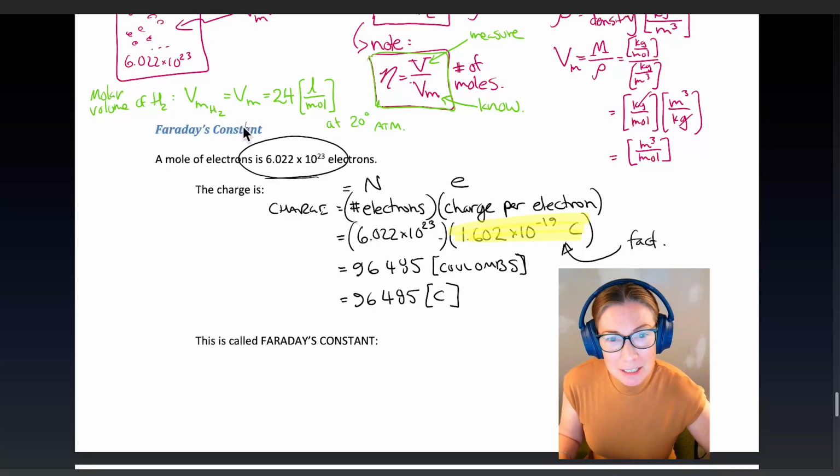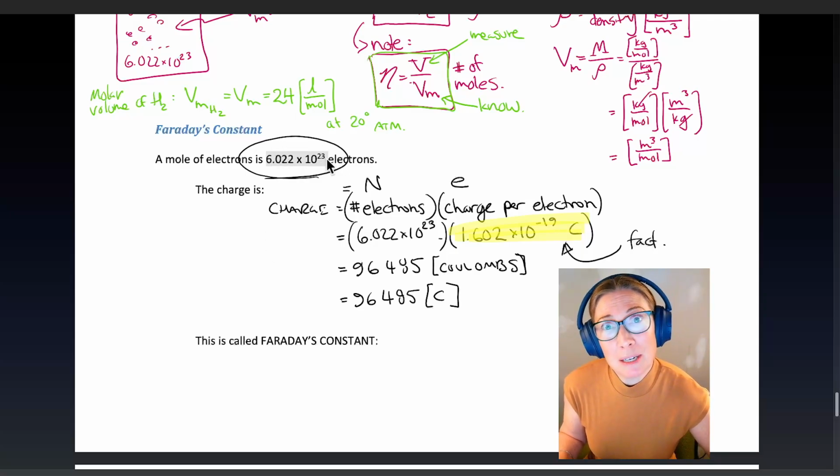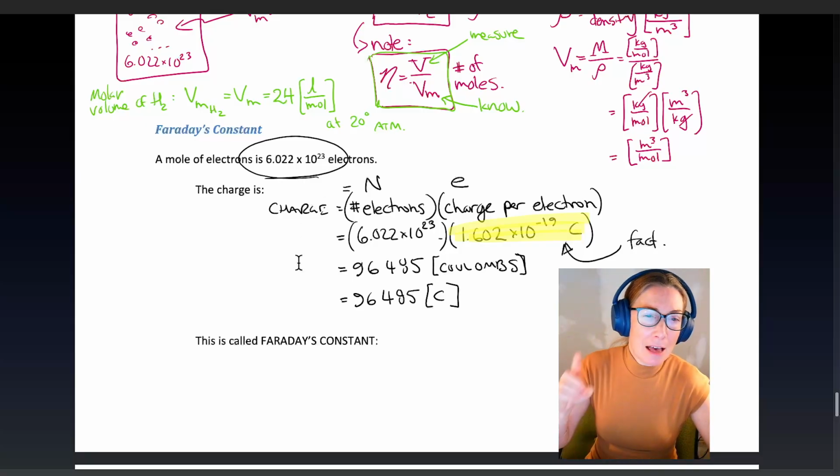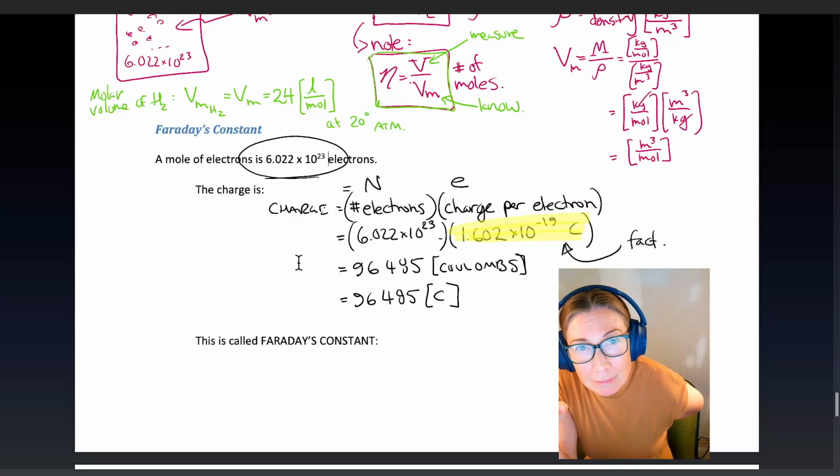Faraday is a dude who spent time at his desk counting electrons. Faraday noticed that if he counts 6.022 times 10 to the 23, that's his buddy Avogadro's number of electrons, then he can multiply them by his other friend's number, Mr. Coulomb.